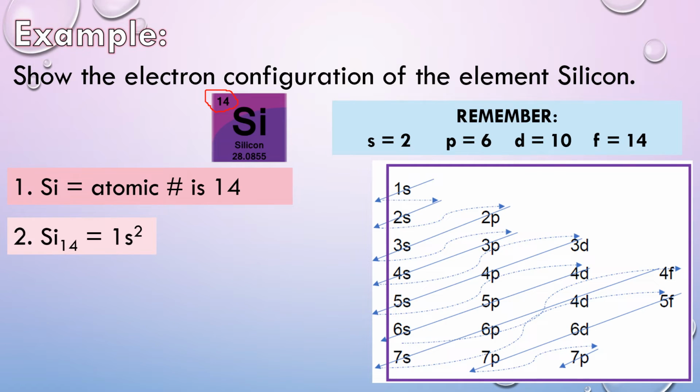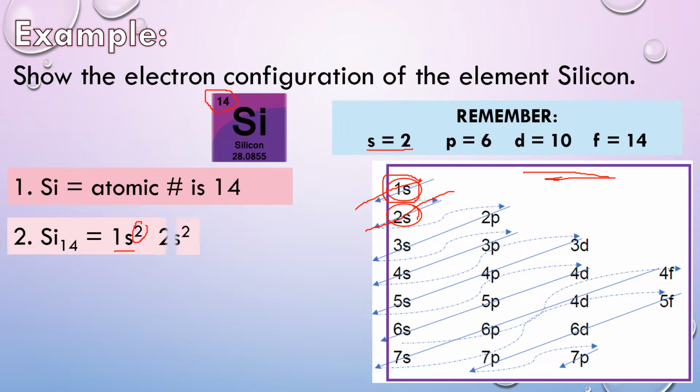Next is, gagamitin na natin ito, the mnemonic device. So, first na makikita natin, the first arrow is this 1s. So, we will write 1s, 2, and 2 is the maximum number of electrons na mahuhold ng s sublevel. Second on the arrow is this 2s.